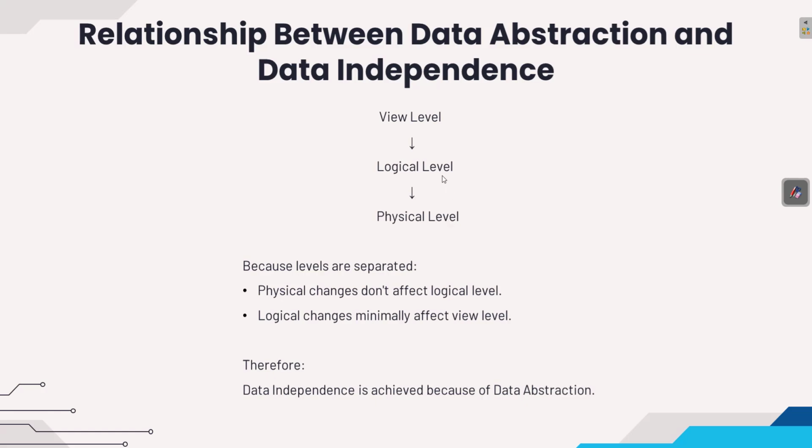If we change here, it doesn't impact the upper levels, the logical level and the view level. And if we change the logical level, it minimally impacts the view level. Therefore data independence is achieved because of data abstraction. This is the biggest benefit of data abstraction.